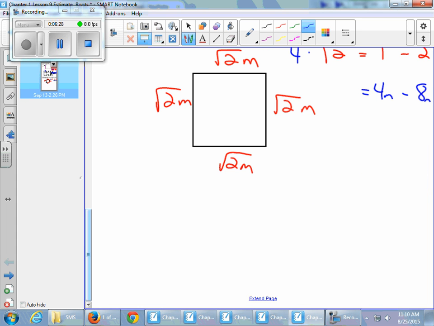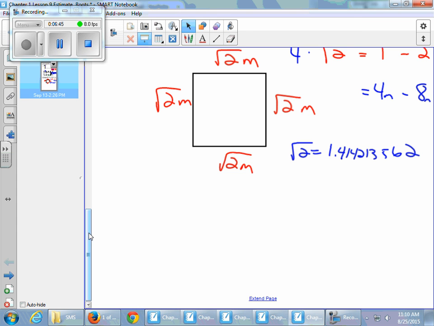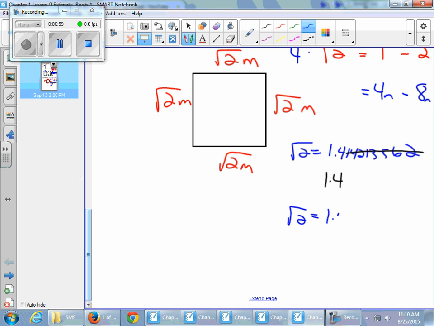So what we're going to do is put the square root of 2 in the calculator, and you get 1.414213562. That's a pretty big number, so we're going to knock all that down and just say 1.4. So let's say the square root of 2 equals 1.4.